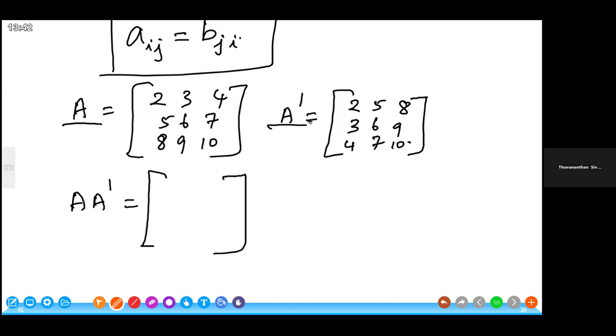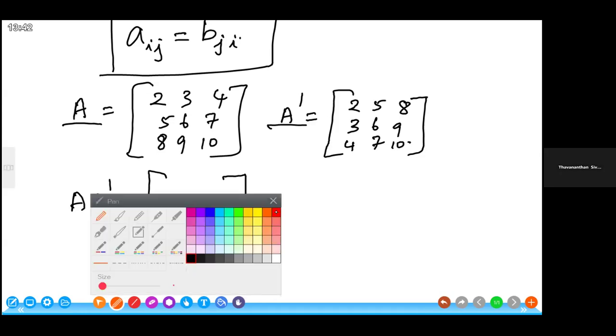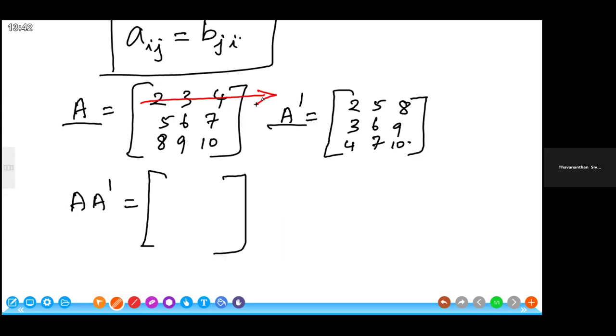First row, so 29 or 21, what is the first value? This row has to multiply with that. What is that? 4 plus 9 plus 16, 29, isn't it?